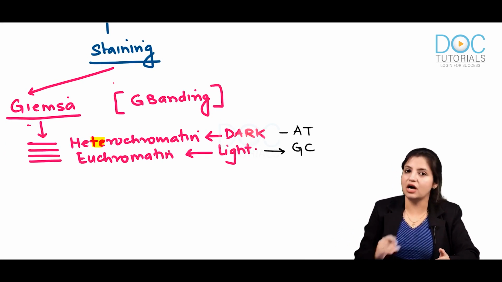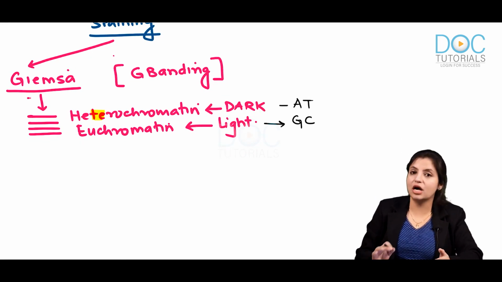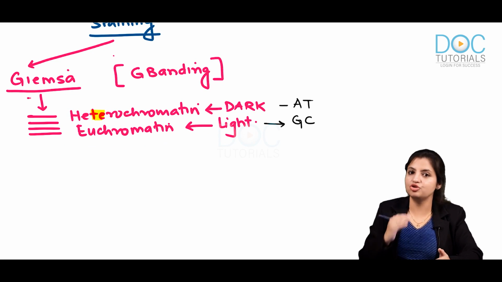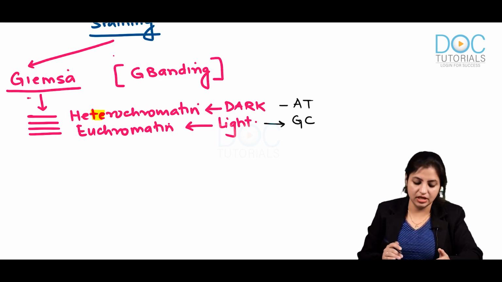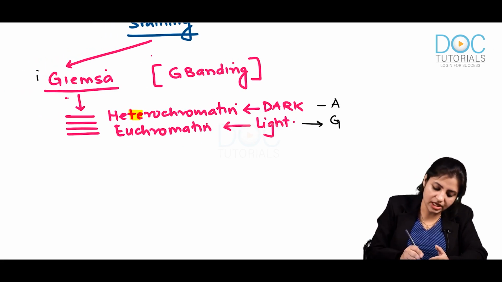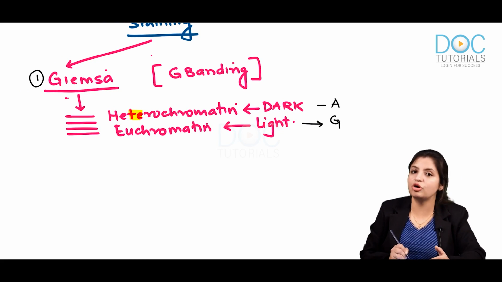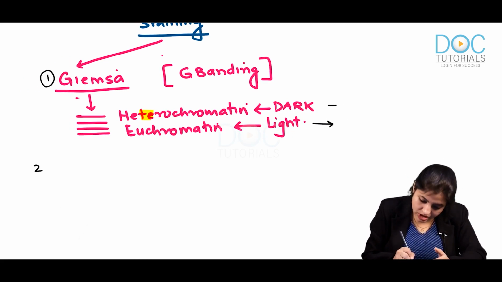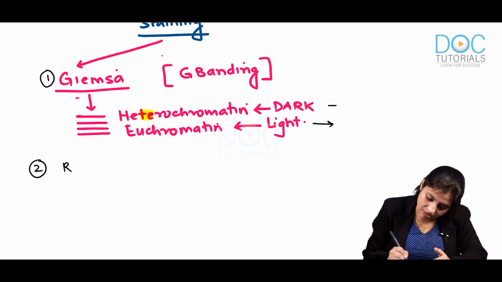So you get alternating dark and light areas, which is how you see the chromosome. This kind of banding is called Giemsa banding, which is the most common type of banding or staining we do. Just opposite to G banding, we have R banding.